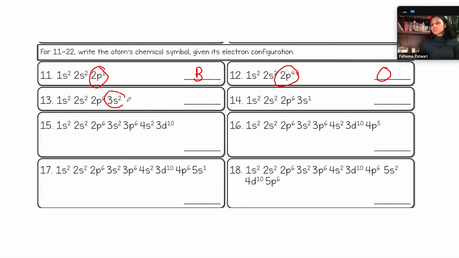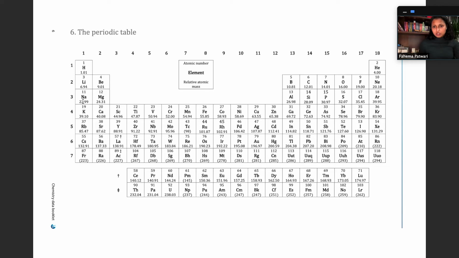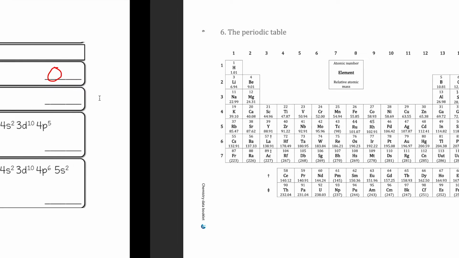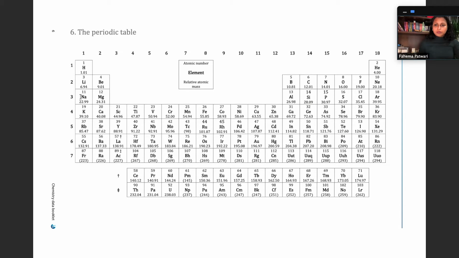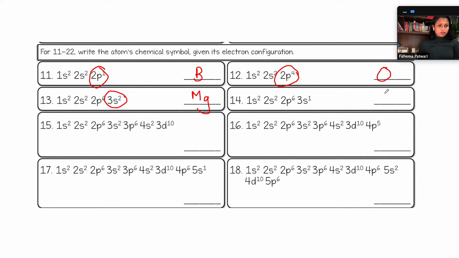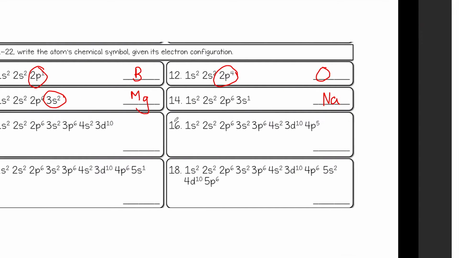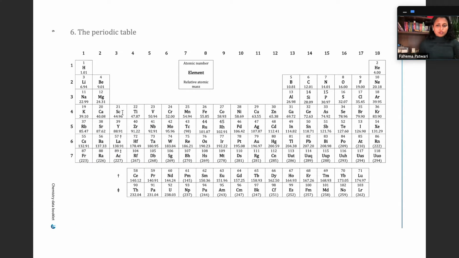Third energy level, s block, second column. Third, s, 1, 2, magnesium. Third, 3s, first column. Sodium. 3d10, right? This first row in the d block, that's 3d, and 10 is the last, because the d sublevel can only fit 10, so I don't need to count, I just know it's the last one, so that's zinc.